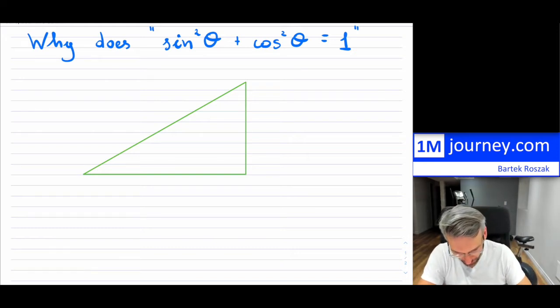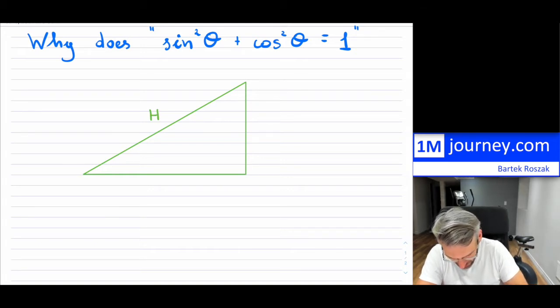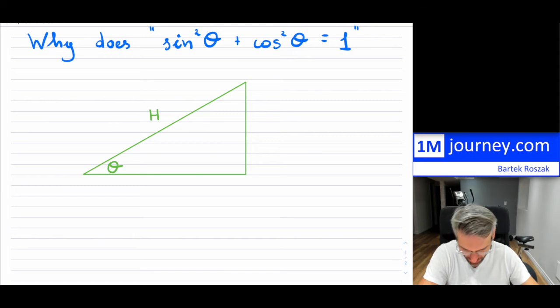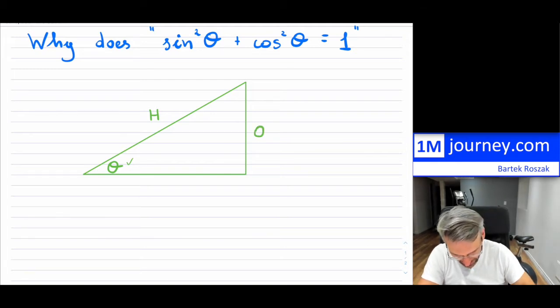Let's say this is my hypotenuse, and I know this angle right here, let's call that angle theta of that triangle. From this angle, the opposite side is this right here, I'm going to call that O, and the adjacent side is this right here.